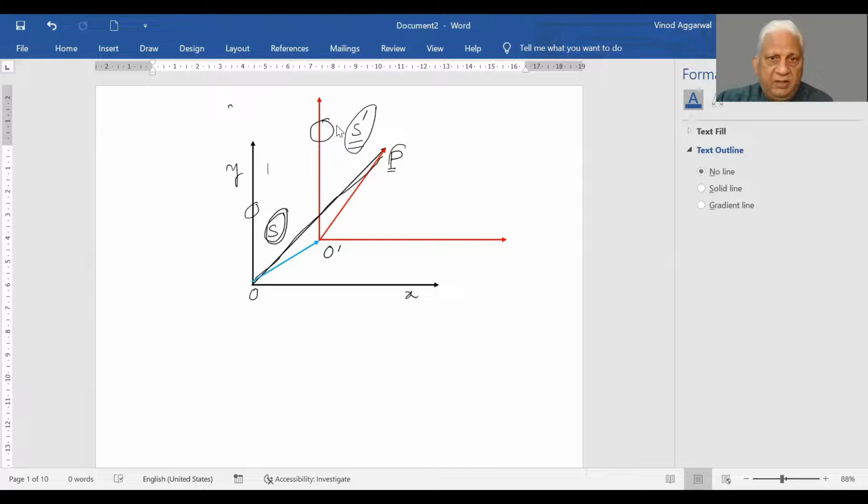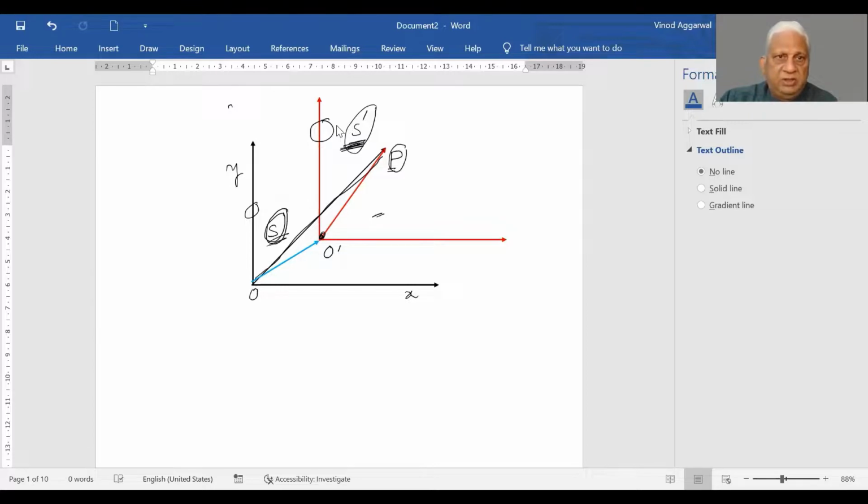If we observe this particle from this reference frame, then its position vector will be O dash P. Then there is a relative motion between the two frames, in which O dash is moving with respect to O.